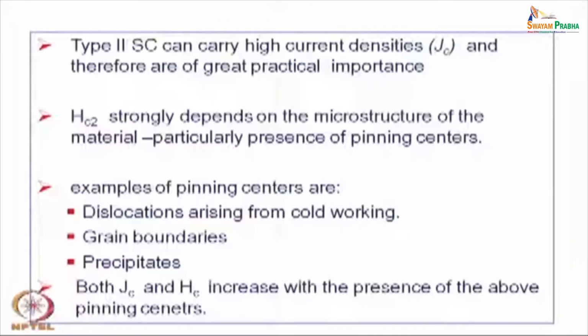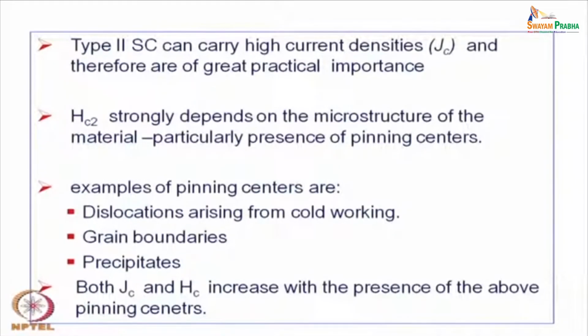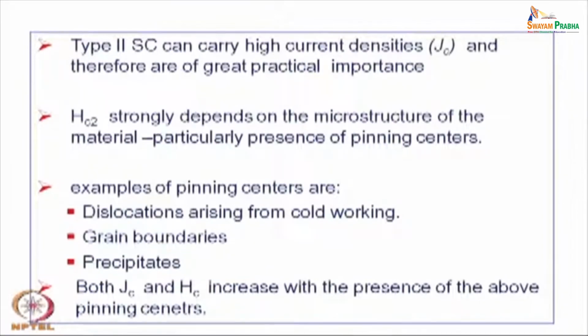Then you have precipitates, like fine precipitates in a matrix of one particular material; one can have a second phase as precipitates, and those precipitates can also act as pinning centers. So, by that kind of manipulation of the microstructures, one can increase both the Hc value, Hc2 in particular, and that also increases the current carrying capacity.